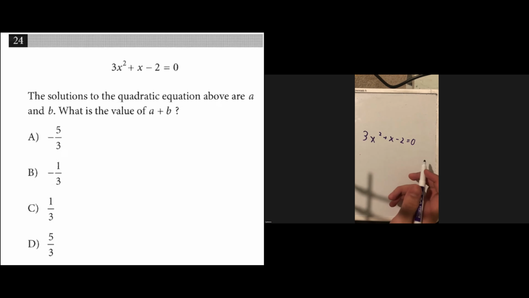And so you could plug this into your calculator to find the values, but I'm just going to do it by hand.